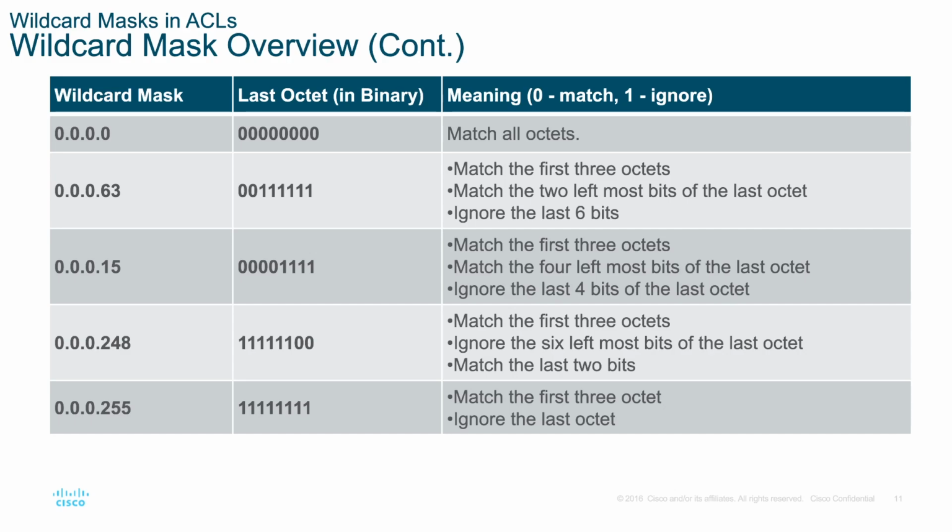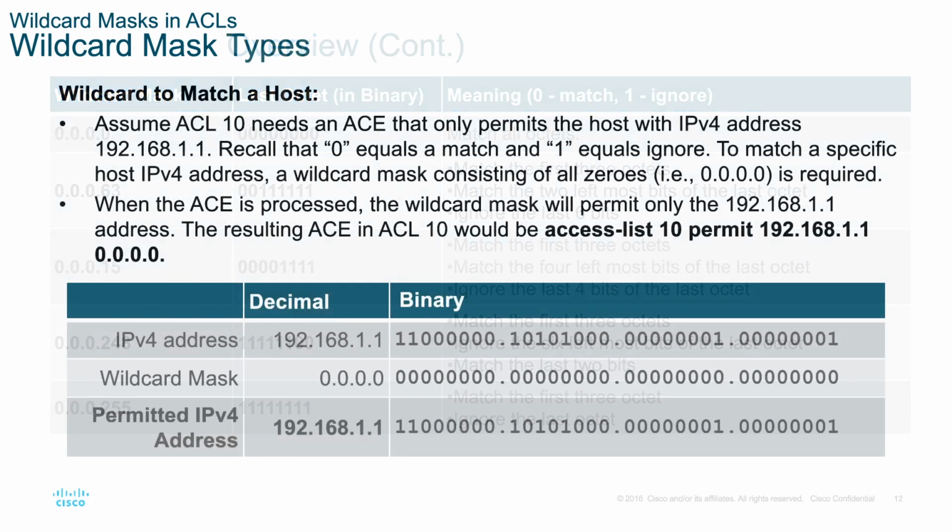As I said, it does not have to be consecutive. It is purely a bit by bit matching task. So you determine which one is matched and which one's ignored, and as I said before, they do not have to be grouped all zeros or ones. This is taken bit by bit.